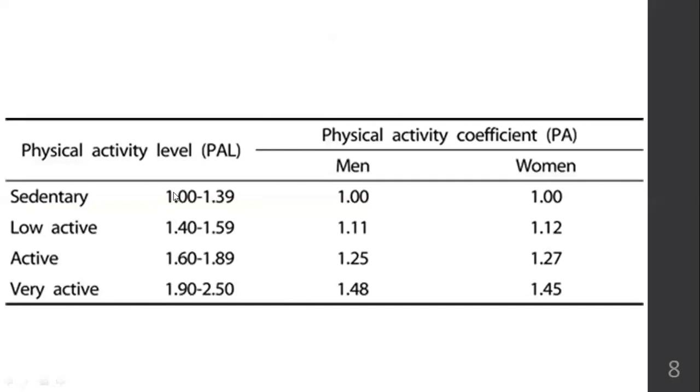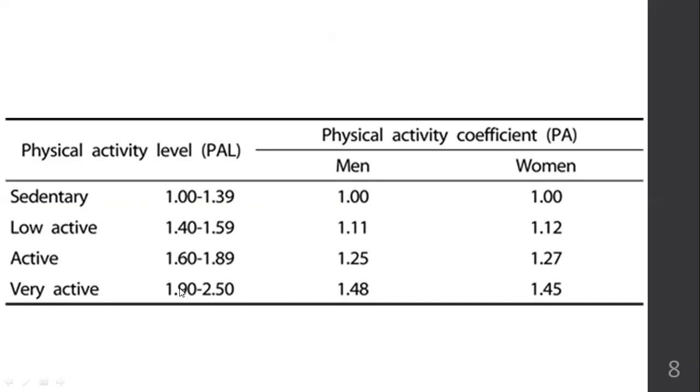If that average is between 1 to 1.39, your client is a sedentary person. If it is between 1.40 to 1.5559, it is low active. This is the range of physical activity level. Anyone who is very active can go up to 2.5. This is how you take the average of physical activity ratio to find out the physical activity level of your client, because this is important to come up with the calories.